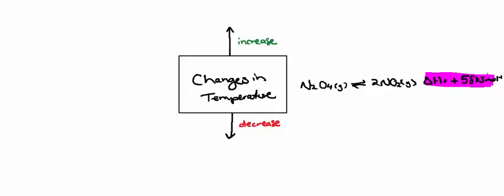Now, this figure over here relates to the forward reaction, okay? So that means the reaction occurring in this direction, in this case, is endothermic. If the forward direction is endothermic, that means the reverse reaction is exothermic.